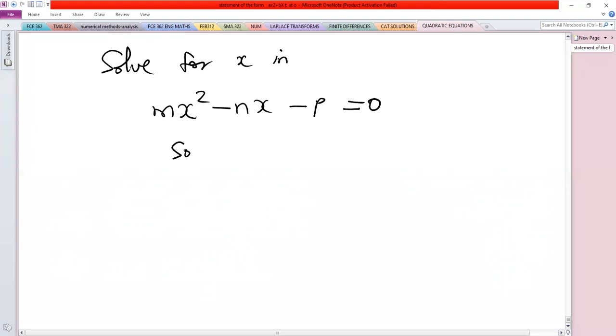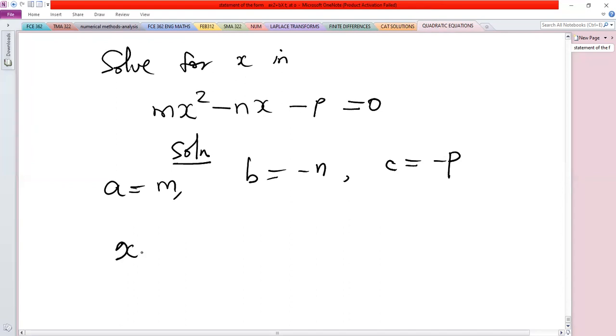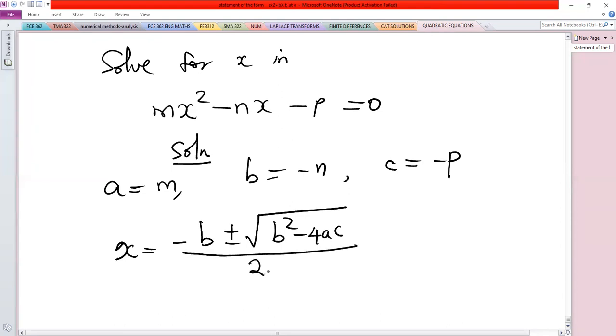So solution, we still use the quadratic formula. Here a is m, b is minus n, and c is minus p. So x by definition will be minus b plus or minus square root of b squared minus 4ac, divided by 2a.